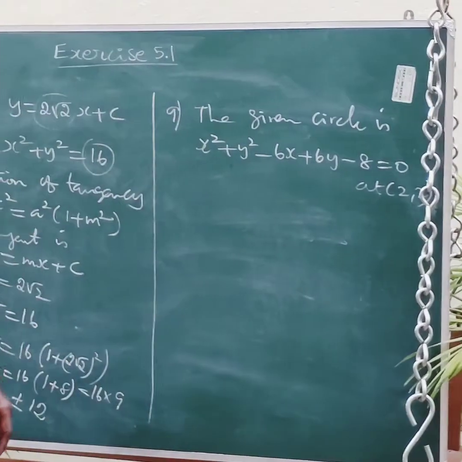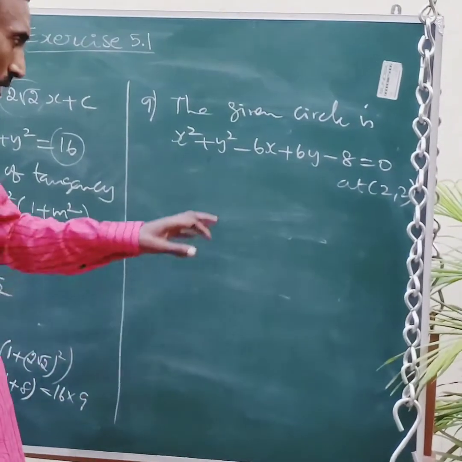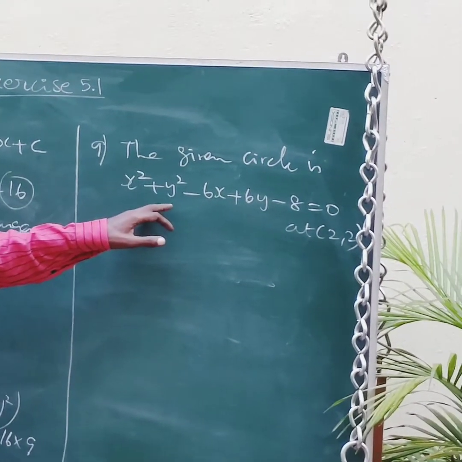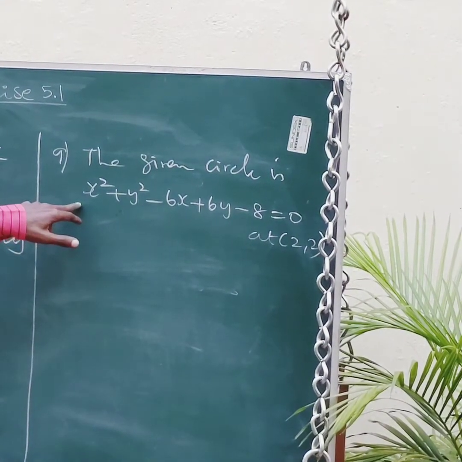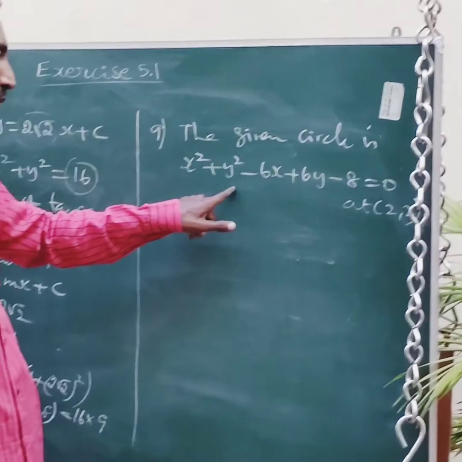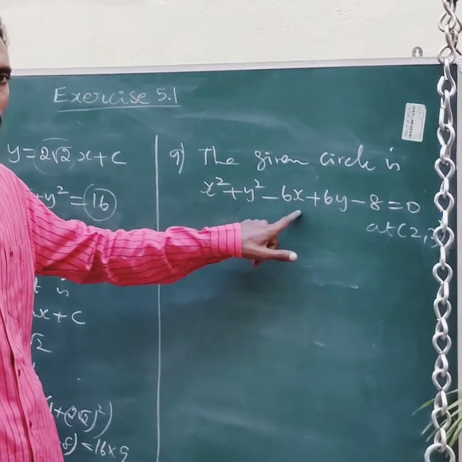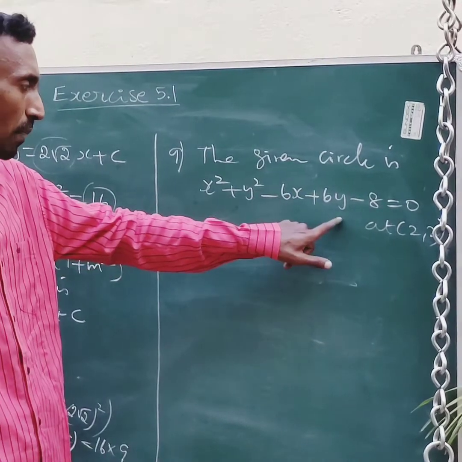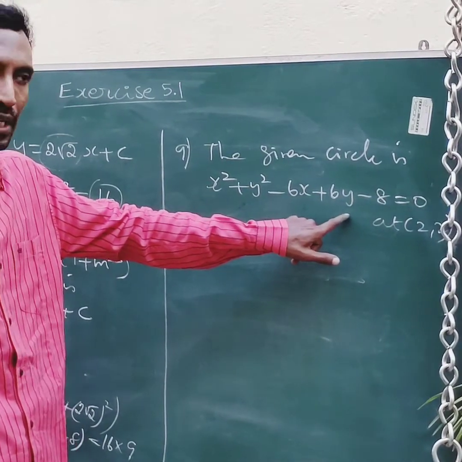Already I told you, to obtain the tangent, just replace the x square term by xx1, the y square term by yy1, the x term by x plus x1 by 2 and the y term by y plus y1 by 2.